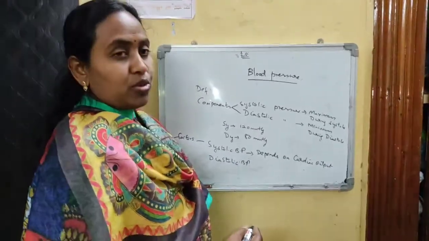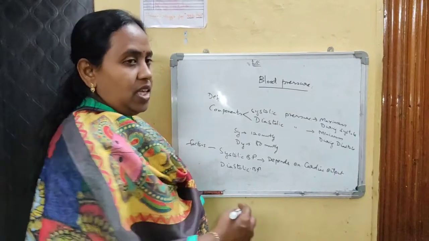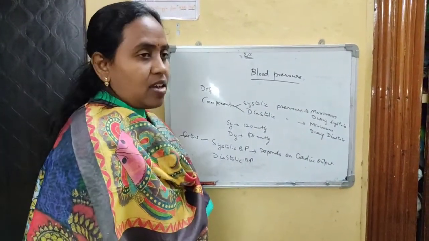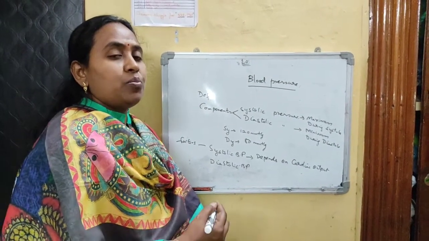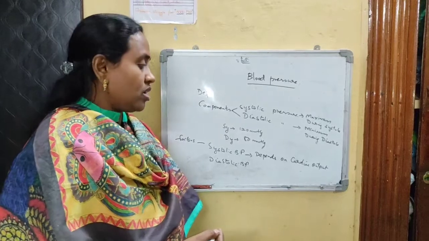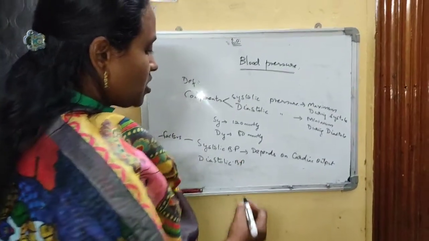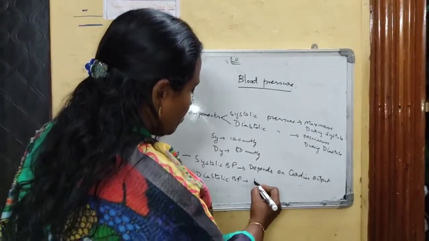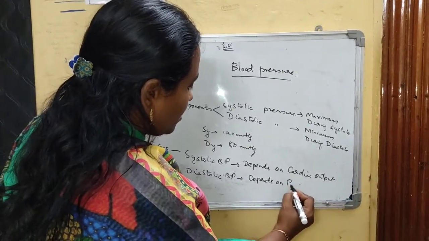Cardiac output is the volume of blood ejected by each ventricle per minute, and the volume of blood ejected per beat is called the stroke volume. So systolic blood pressure mainly depends on the cardiac output, and diastolic blood pressure mainly depends on the peripheral resistance.